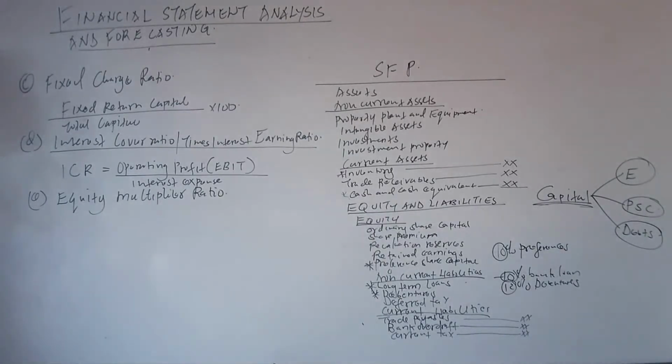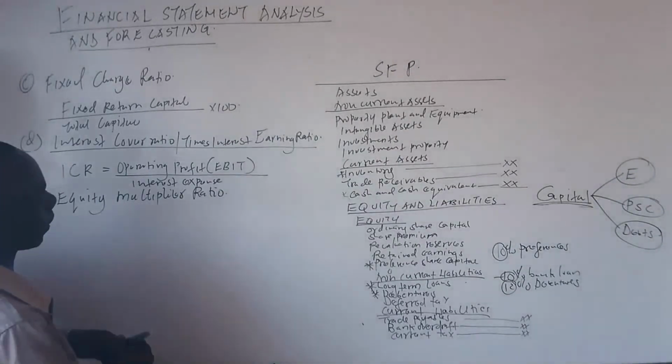This shows the relationship between the total assets and shareholders' equity. And how do you get the equity multiplier ratio?